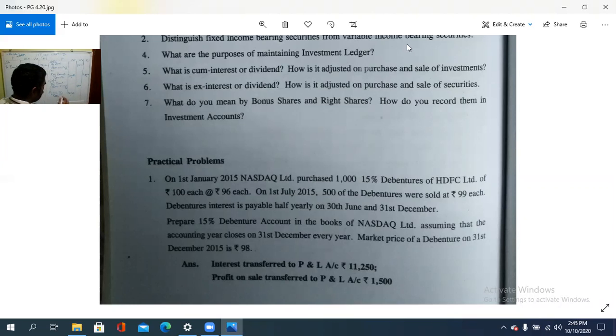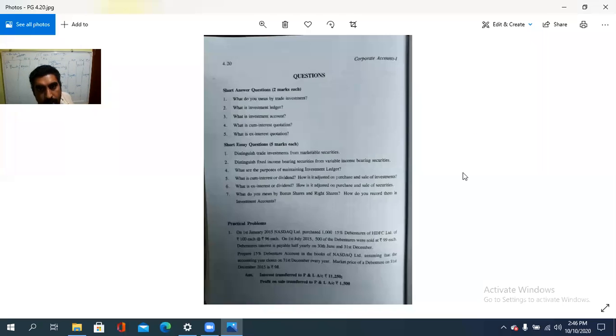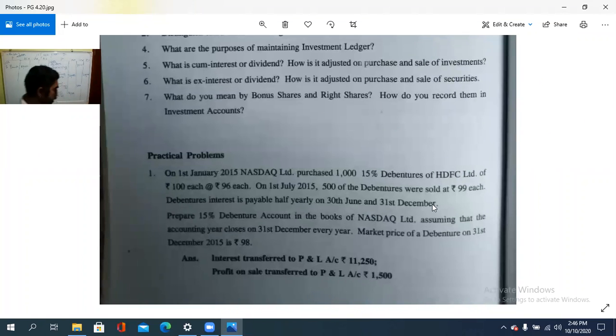So 500 into 96, it is 48,000. Then the rest is what? To P&L account, that is the profit. So that is on 31-12-15.